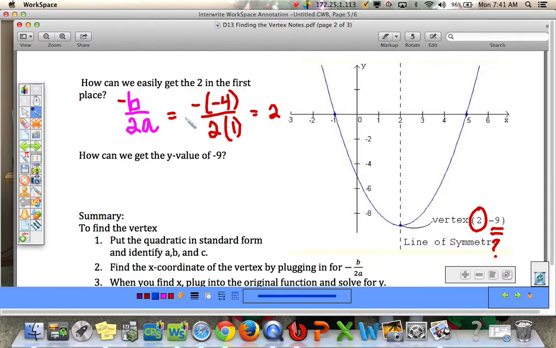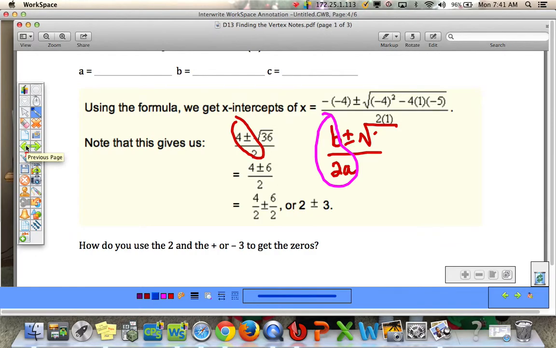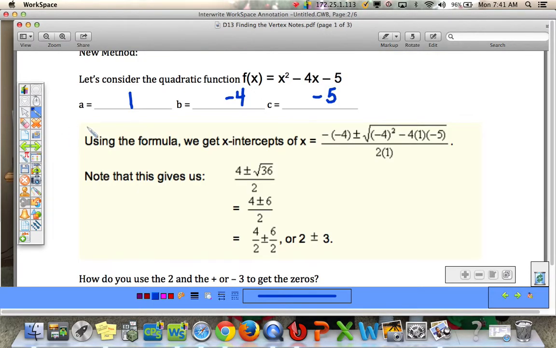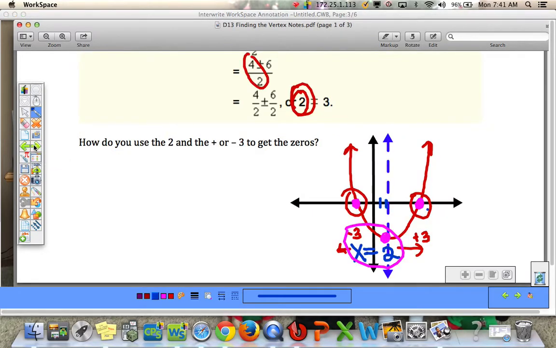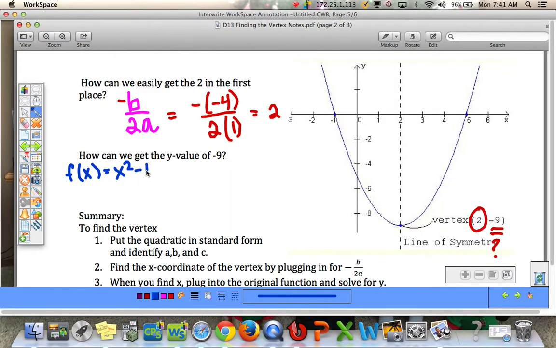Well, if you know the function, f of x equals x squared... I can't remember the function, so let's look back. x squared minus 4x minus 5. So here's our function.